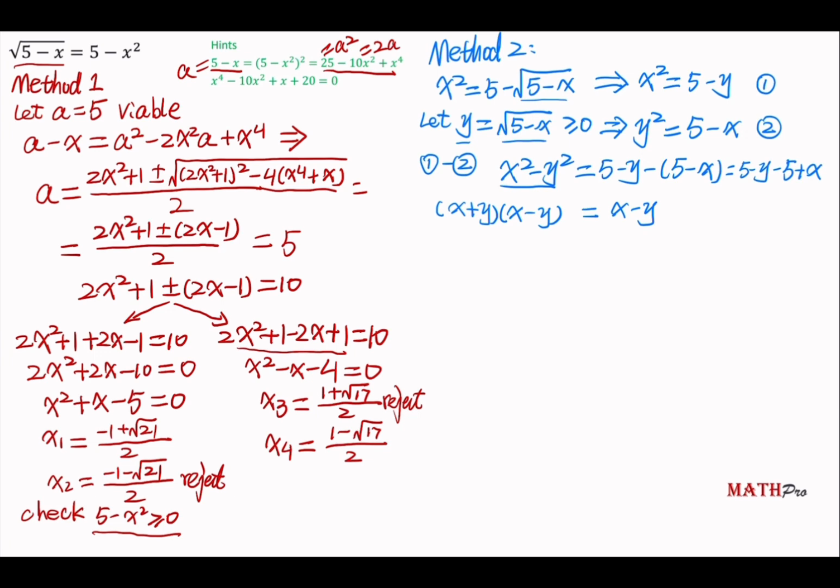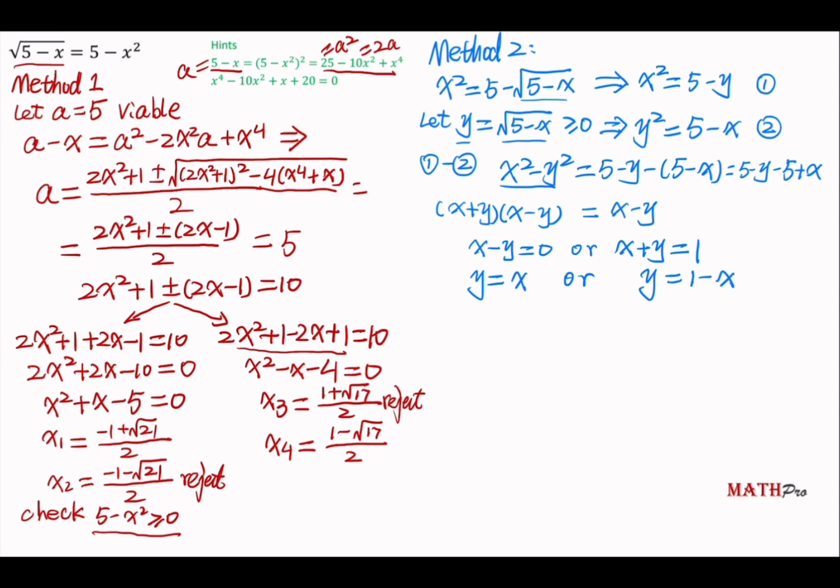The solution to this equation is either x minus y equals 0 or x plus y equals 1. So here, if x minus y equals 0, then y equals x, and here y equals 1 minus x.